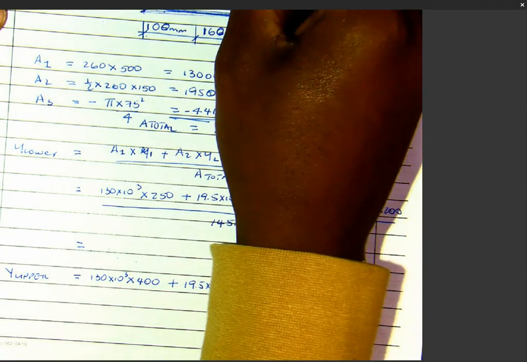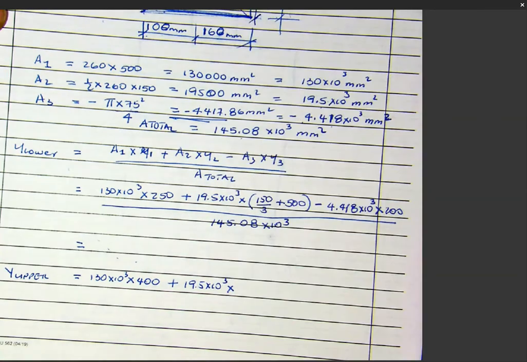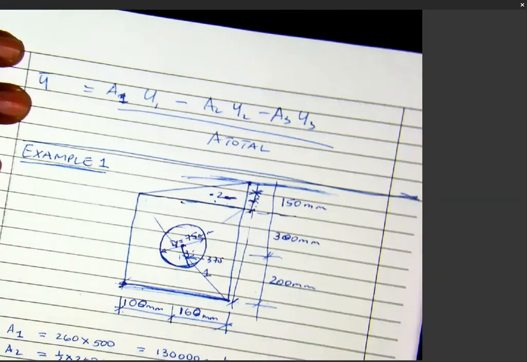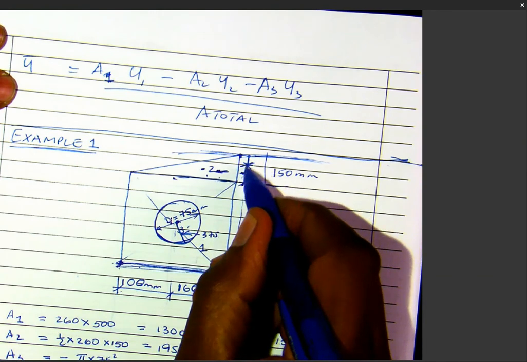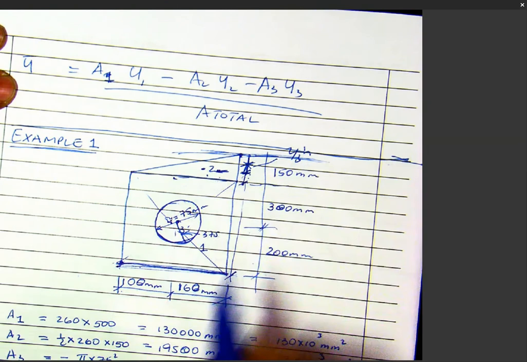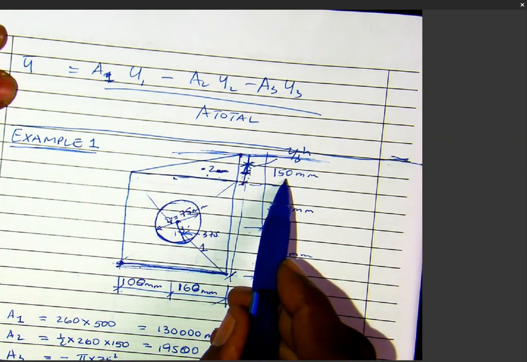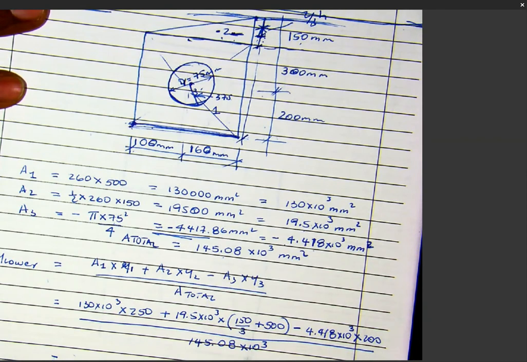Remember now I want this distance, from the center to there, of which that distance we were told is 2 all over 3 h, our h being 150. So it is 2 all over 3 times the height, which is 150.